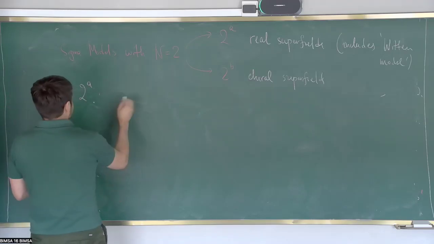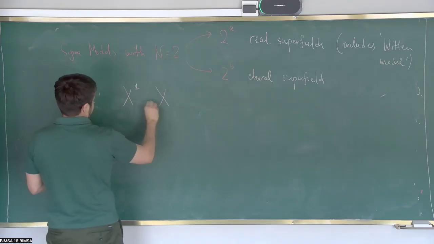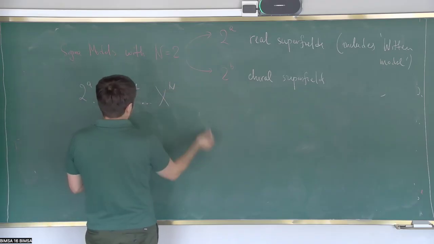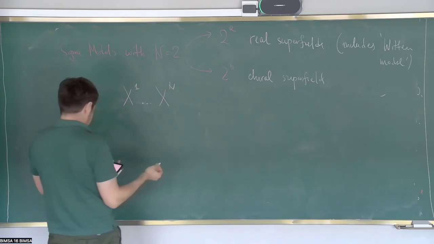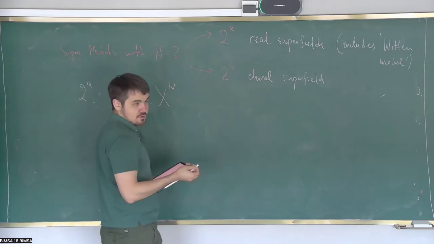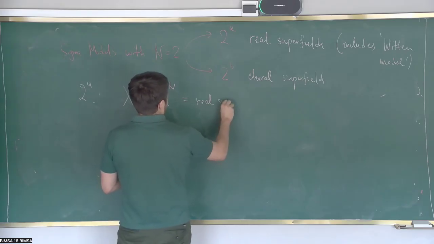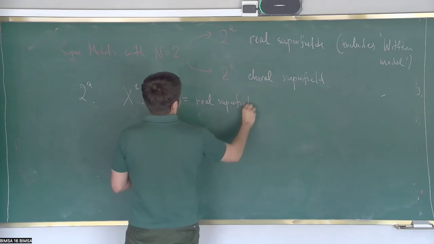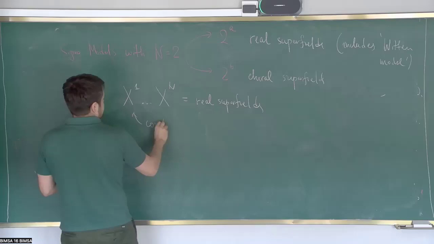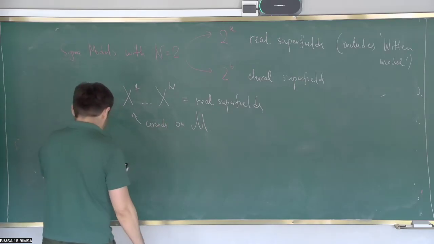So here we have real superfields, X^1. I relabel them from phi to X because their leading component will be a bosonic field X. So these are meant to be real coordinates on our target space, X^M.